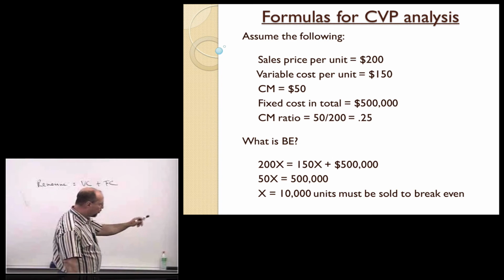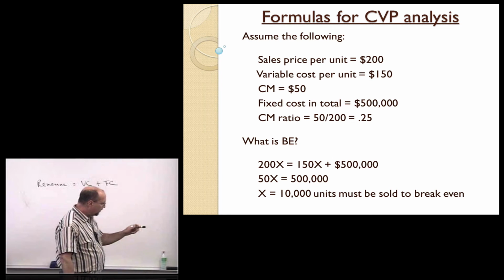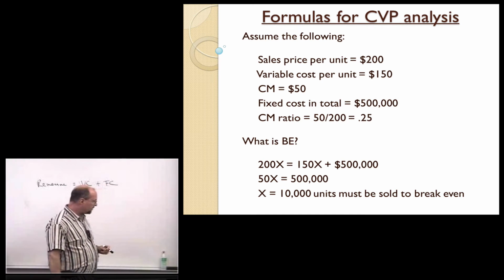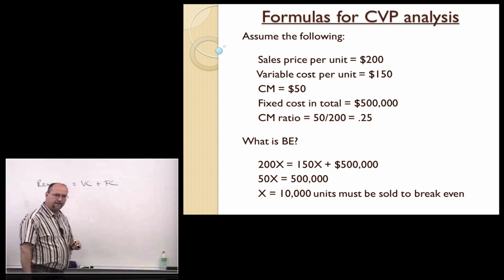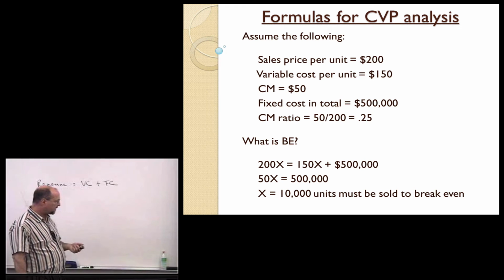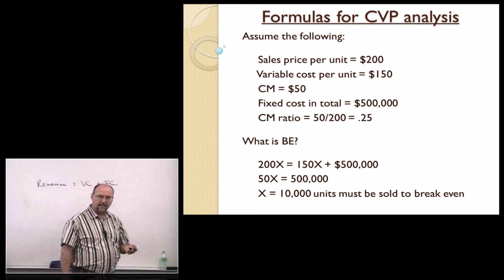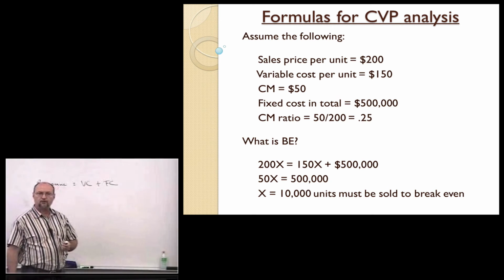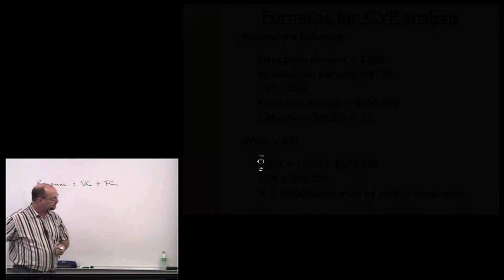So let's subtract 150x from both sides, and we're left with 50x, which, by the way, is our contribution margin, equals 500,000, divide both sides by 50, X equals the 10,000 units of product that we have to sell to break even, to cover our costs. So our break-even point is 10,000 units of production.